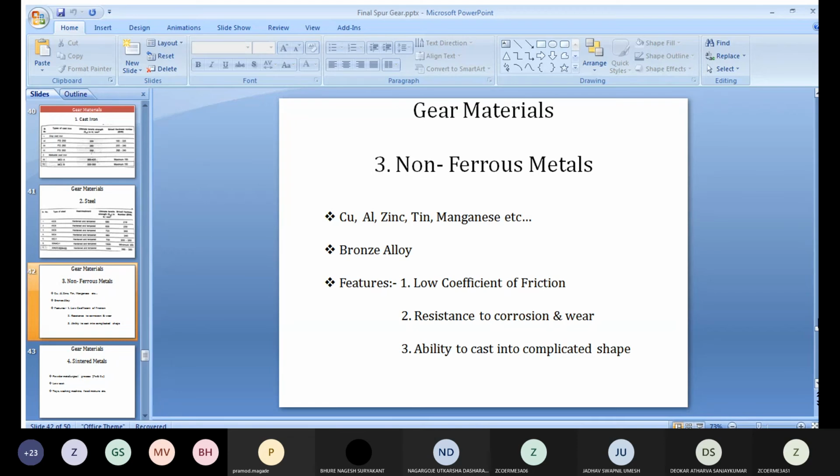Alloys. Features I have written: low coefficient of friction, resistance to corrosion, and ability to cast complicated shapes. You can write as it is from the slide.